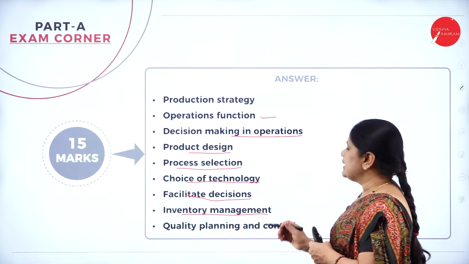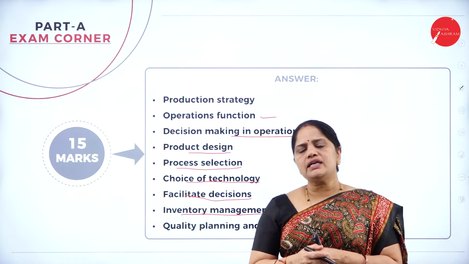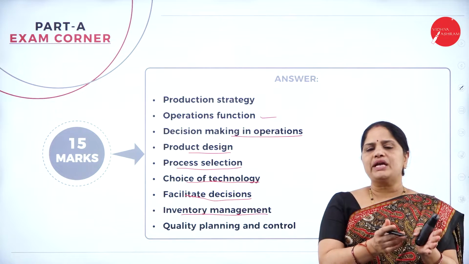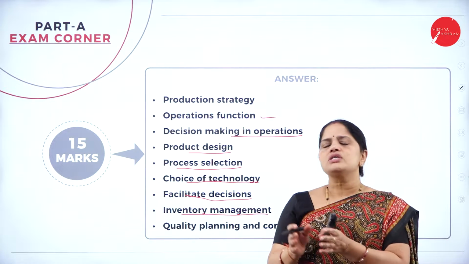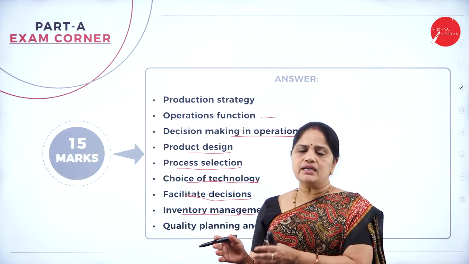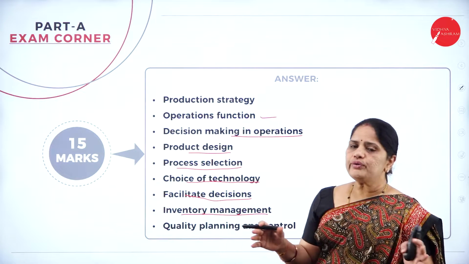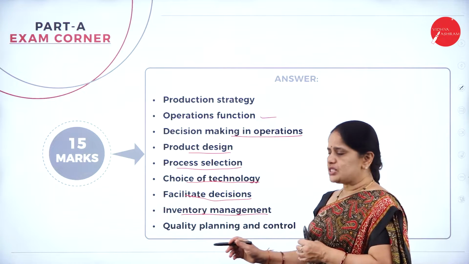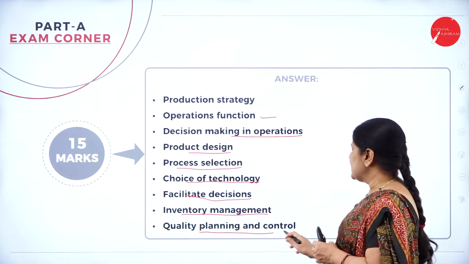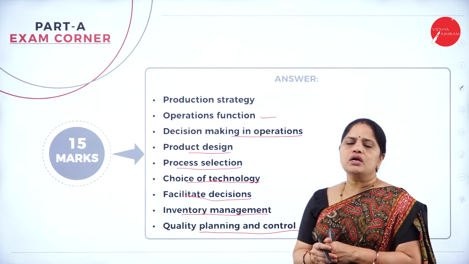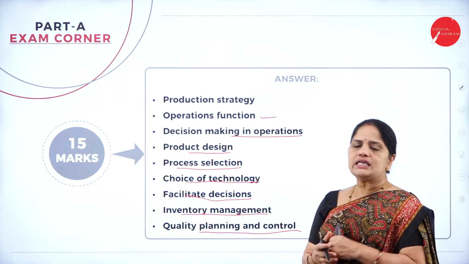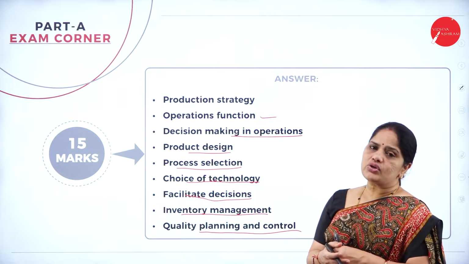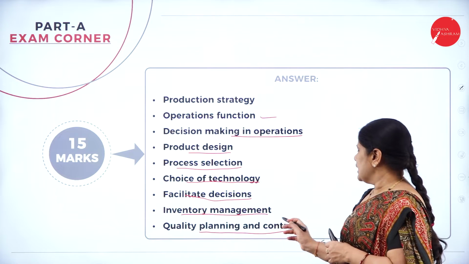Then the inventory management. Inventory management also involves the stock of raw materials, the stock of finished goods, and the stock of goods which are work in progress. How do you manage all this? All these factors will affect the production strategy. Then quality planning and control. What kind of quality products are you giving to the consumers?